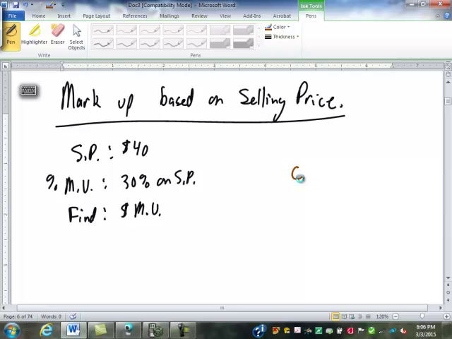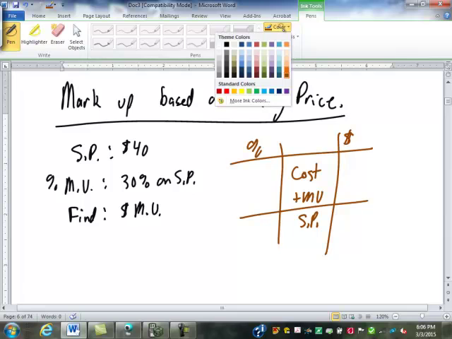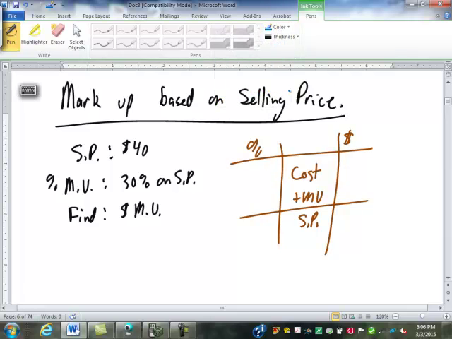So our table is still cost plus markup equals selling price. Still percents on one side and dollars on the other. But the difference is right here. This is markup based on selling price, which means the 100% goes on the selling price, right there.